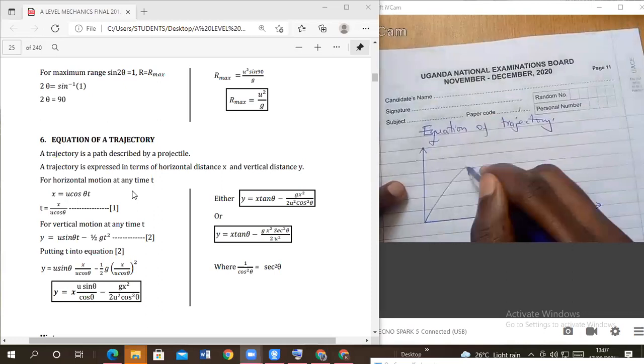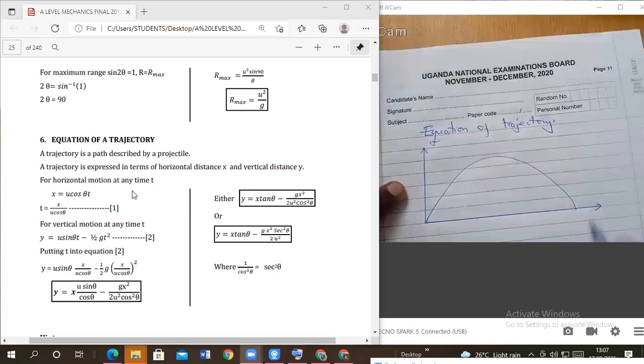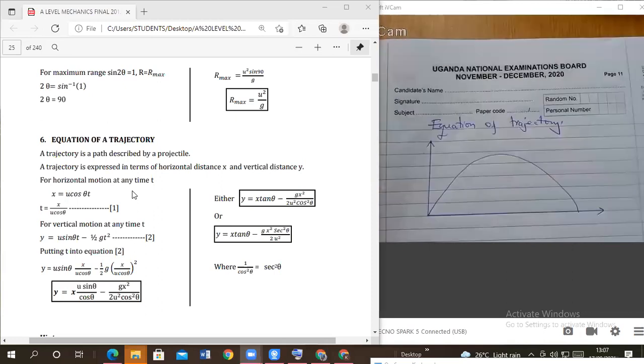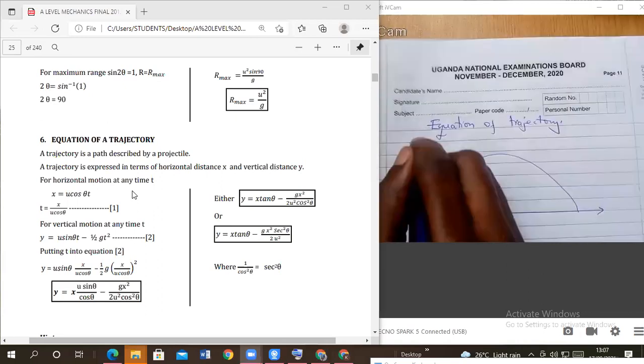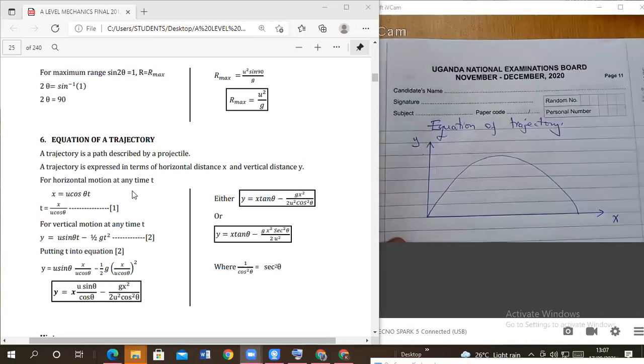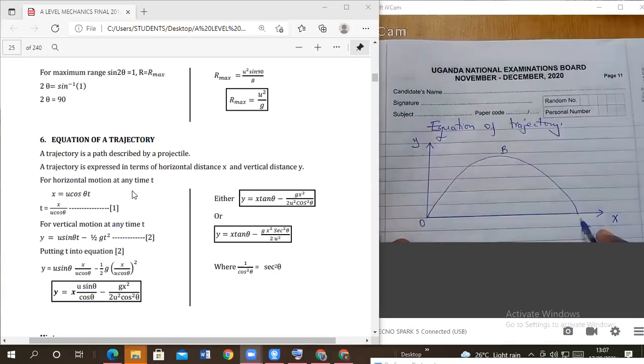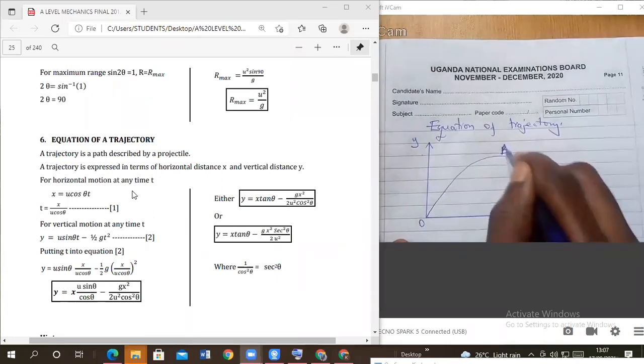This is our y. This is our x. This is the point of projection. Let's say this is A, and then B.